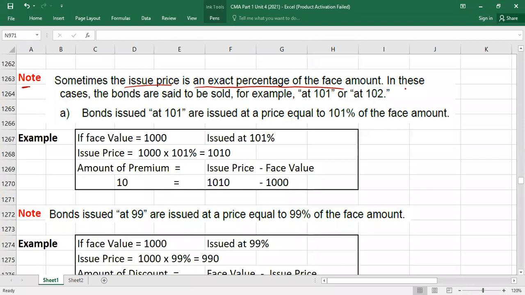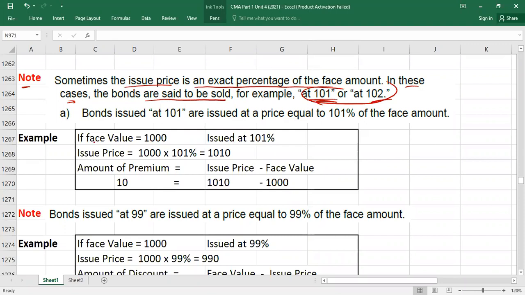What it means, for example, in these cases, bonds are said to be sold at what? 101 or 102 or 100 or less than 100, maybe 98 or 95. If bonds are issued above 100, for example 101 or 102, it is premium. If bonds are issued at less than 100, like 95, 98, this is called discount.